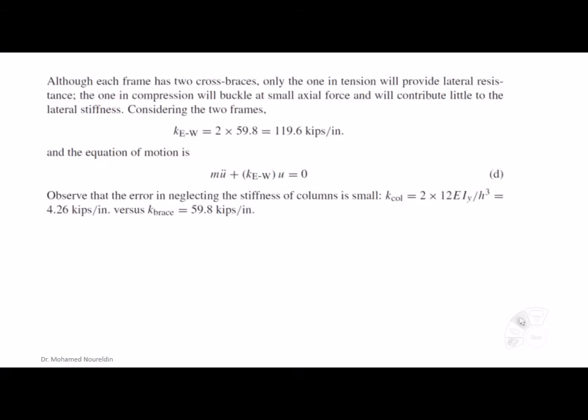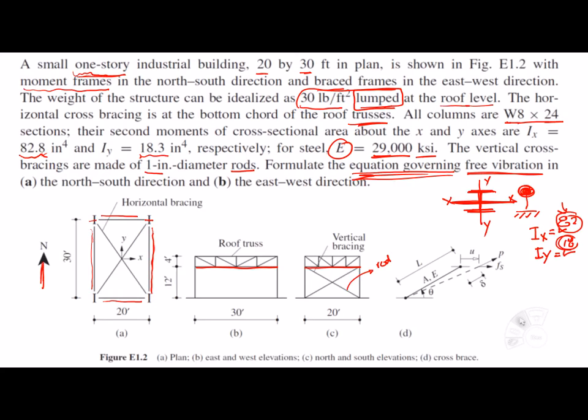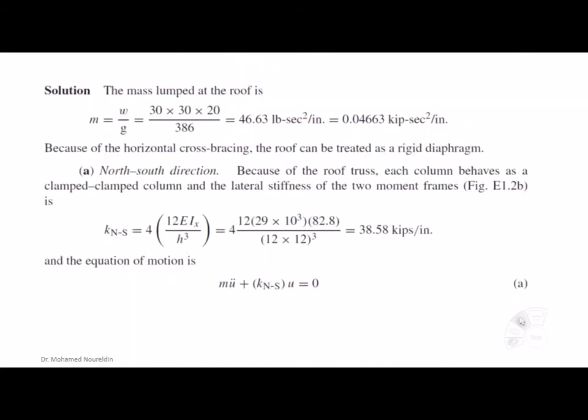Let's go back and check again for this system. There is nothing mentioned here about this. A small one-story industrial building, moment and braced frames, the horizontal, and then giving everything, but we are not being notified whether it is damped or undamped.